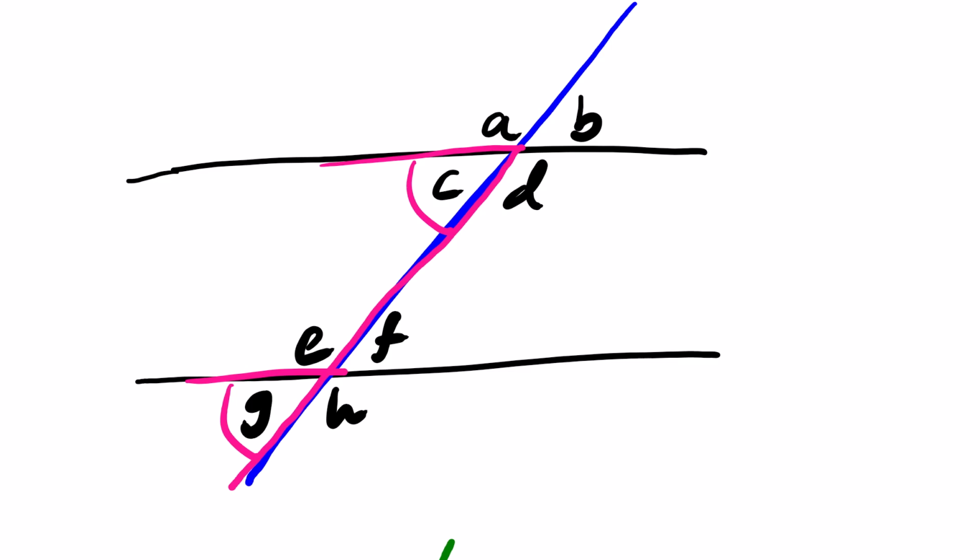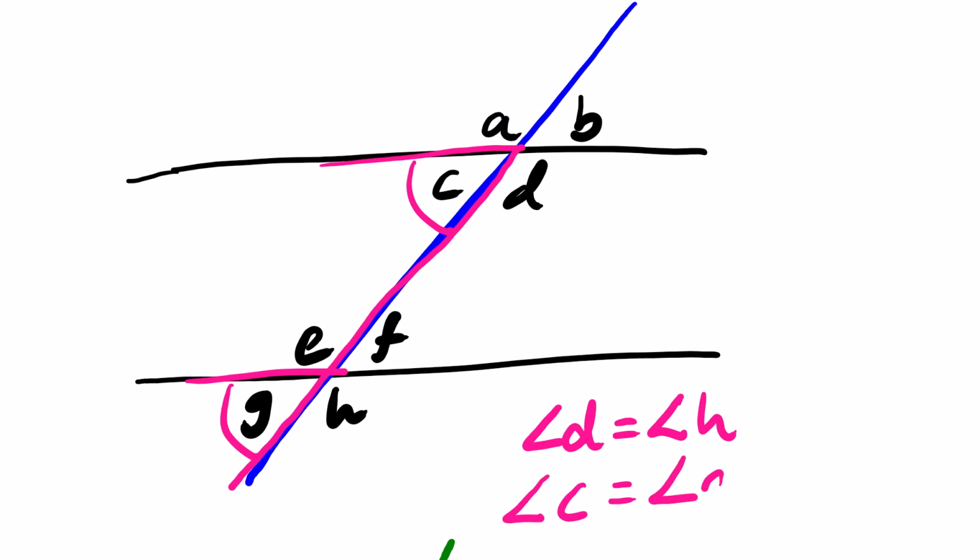So let us do the notes here. We said it's angle D and angle H. Then we have angle C and angle G. I don't know if you see another F. Looking upside down, we have this and this.